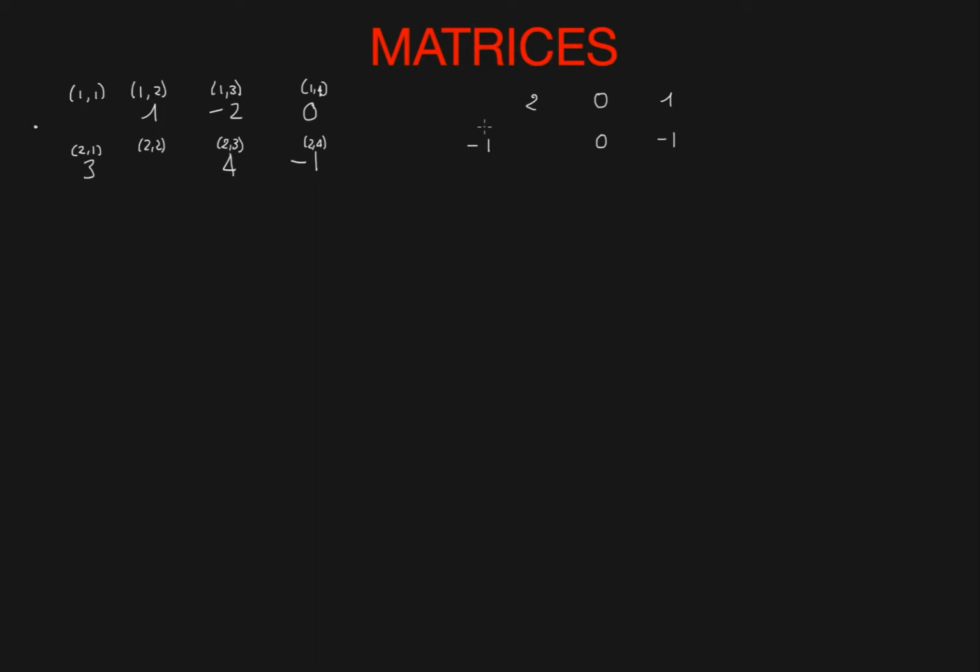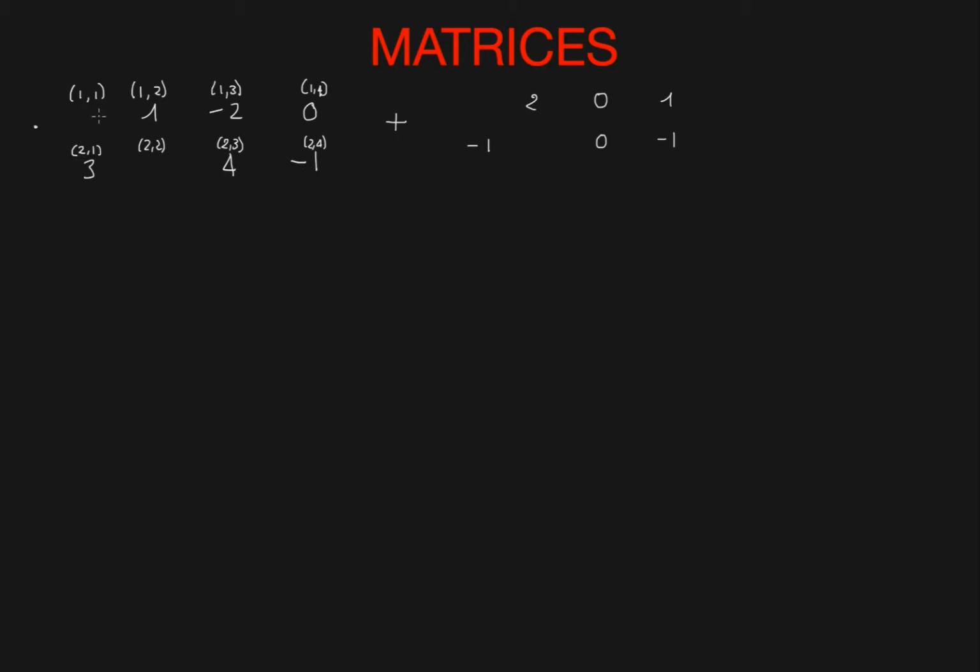The positions are the same, so these two correspond to a place of coordinates 1 2. This 0 will correspond to 1 3, and so on. So let's assume to have two similar objects. We can actually define a sum of them. In what way? We just sum coordinate wise the real numbers that we have here.